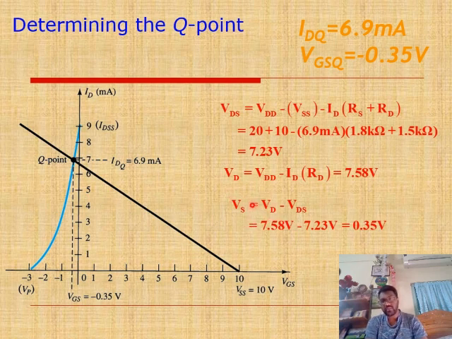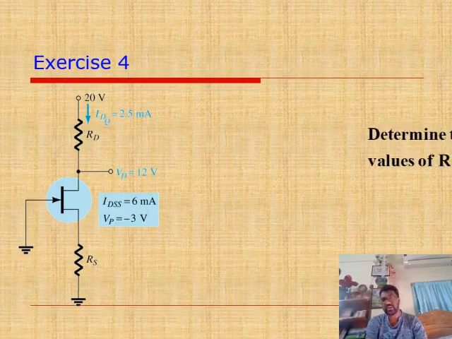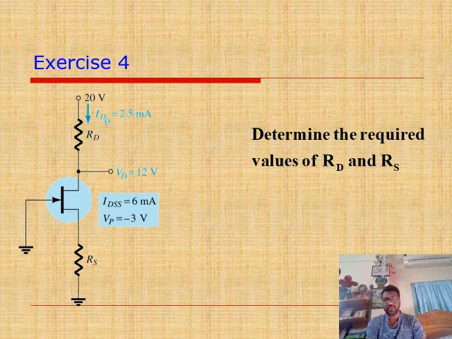So VD is the drain voltage and VDS is the drain to source voltage. So 7.58 is the VD value and VDS is 7.23. So we have a VS value of 0.35 volt. So minus of VGS equal to minus of VS, so minus 0.35.